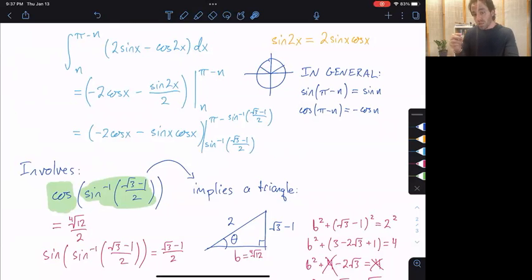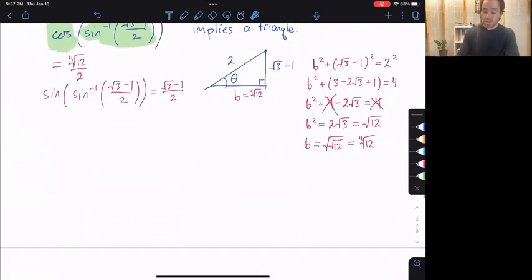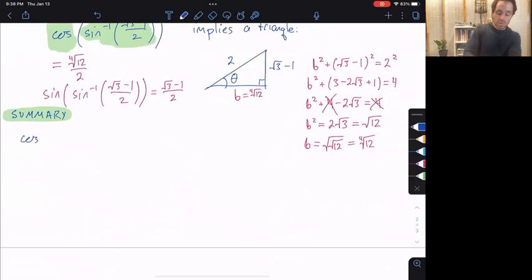So here's what we're dealing with. I'm going to summarize here. So cosine of the n we were talking about. This is a summary. Cosine of n is fourth root of 12 over 2.